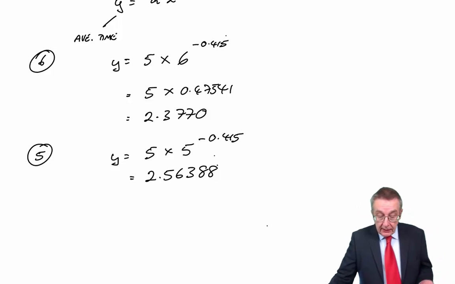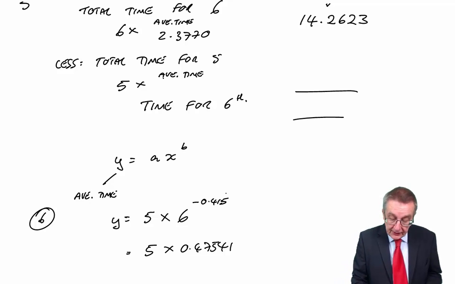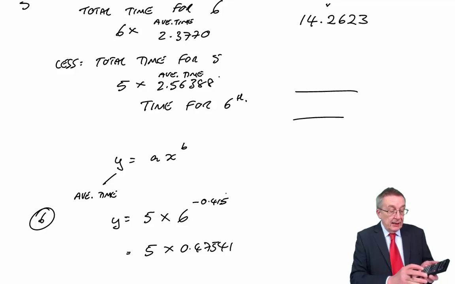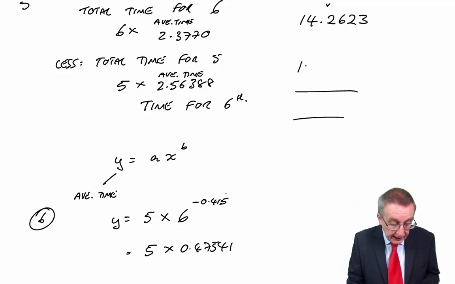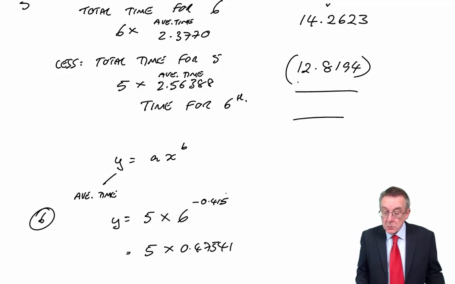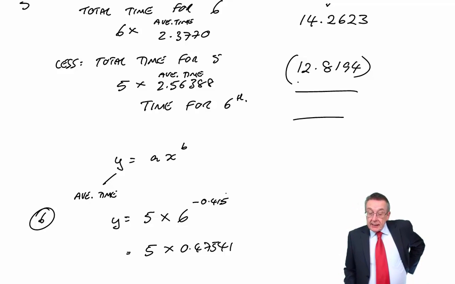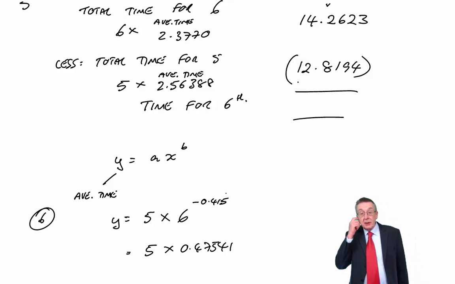I'll keep that in my calculator because the total time will be 5 times that. 5 times 2.56388. If I multiply what I've got there by 5, I get 12.8194. So the first 5 take 12.8 hours, the first 6 take 14.3 hours.